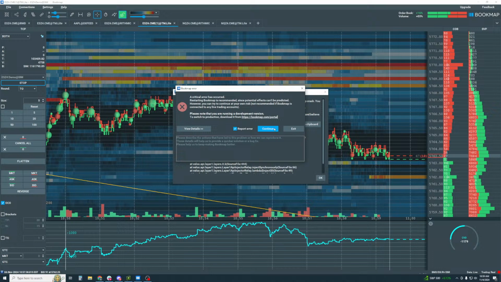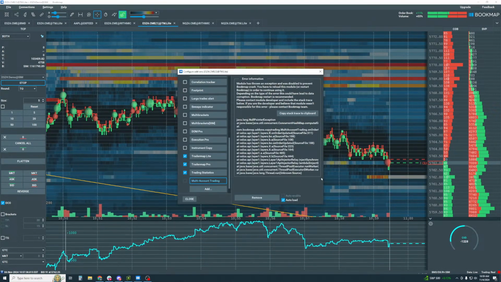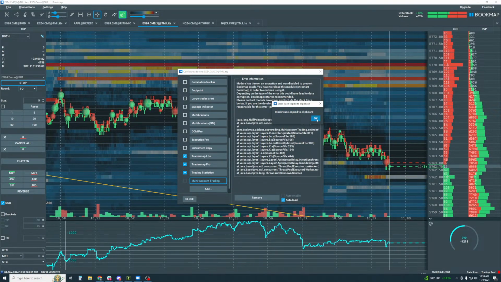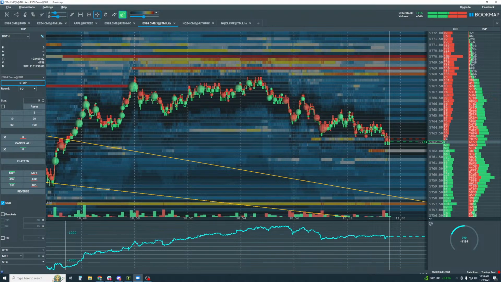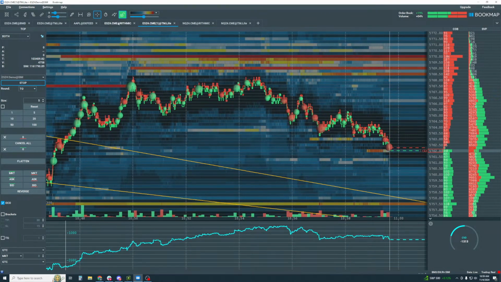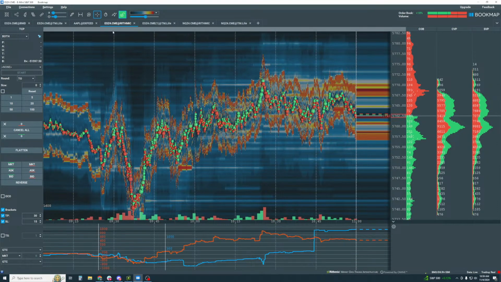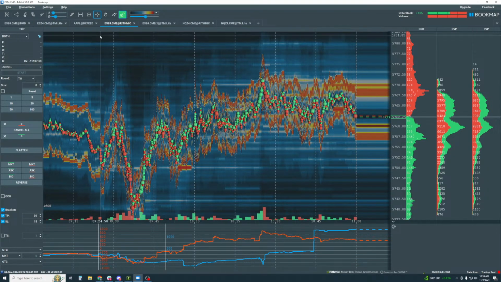And it's not working. Might be because I'm not connected here. Yeah, it might be because I'm in the demo mode here. Let me see if I can get it through here.